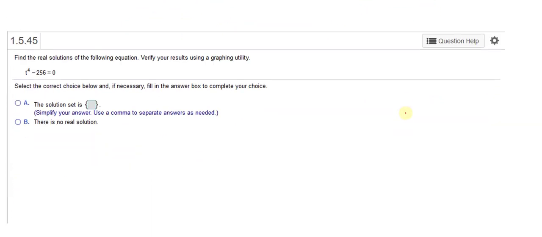Okay, let's try this one. Find a real solution of the following equation: t to the 4th power minus 256 equals 0. Now we know that t to the 4th we can rewrite as t squared squared, because 2 times 2 is 4.